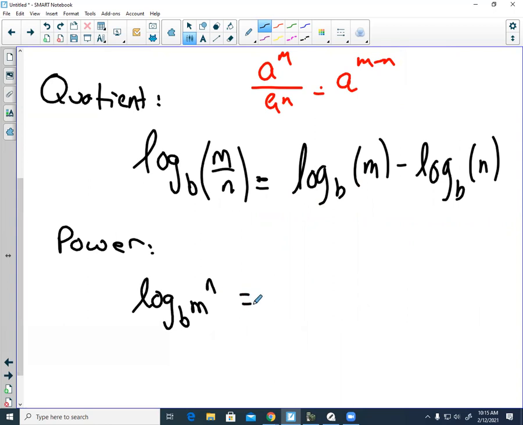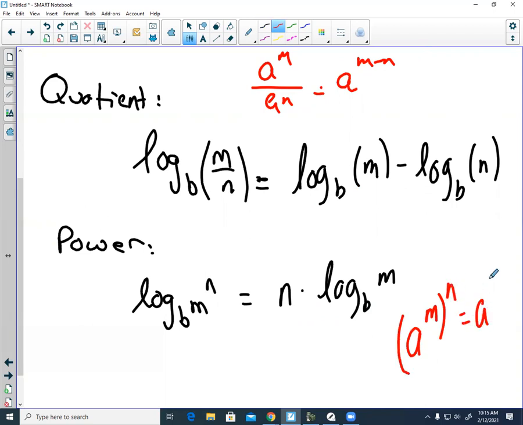You multiply, but the number up top comes up front. So n times log base b of m. Power to a power, which is kind of what that looks like, you multiply. If we look at the exponential form, there's multiplication happening with the power to a power. Same kind of thing is happening with the log.